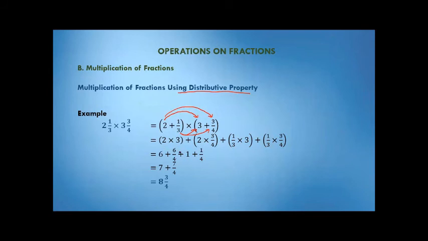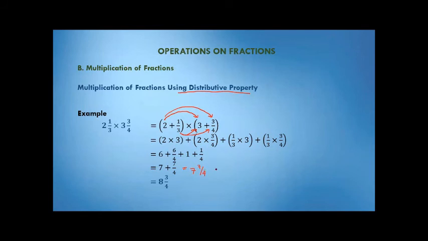Now, simplify further. 6 plus 1 is 7. 6 over 4 plus 1/4 is 7 over 4. So, kung tutusin, ang sagot is 7 and 7 over 4. Dahil improper fraction to, gawin natin siyang mixed number para maging proper fraction na lang yung fractional part.